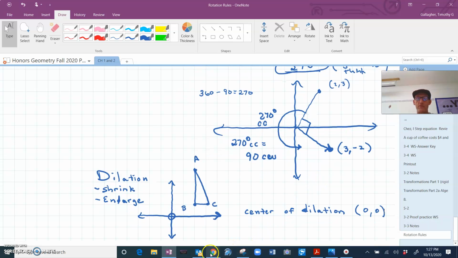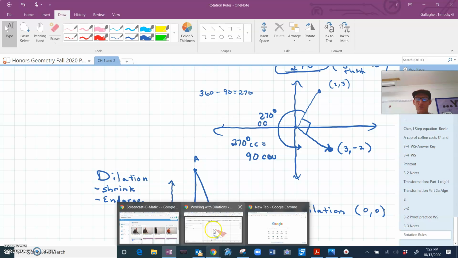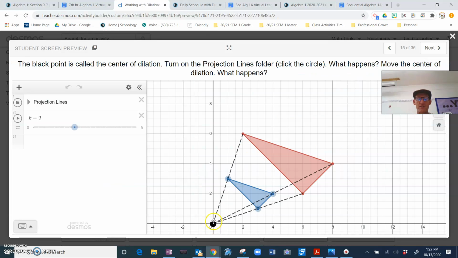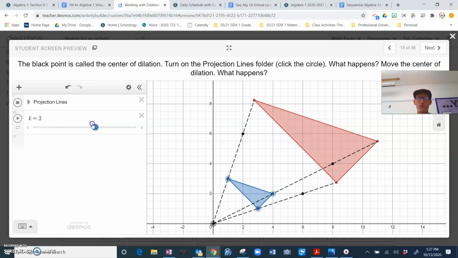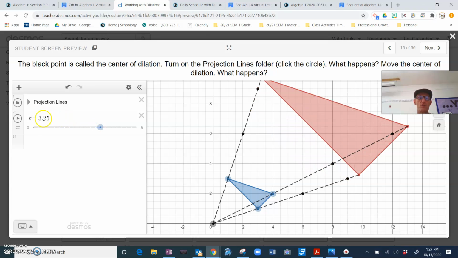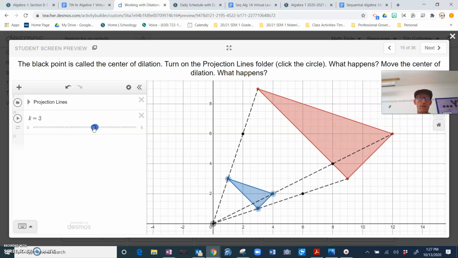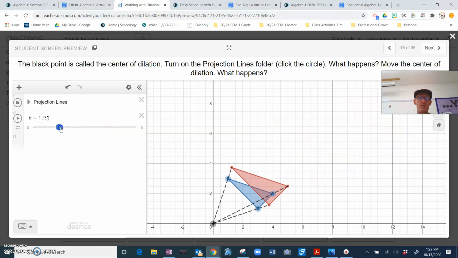So what you have to do is recognize that the center of dilation for this one is the origin. You can see it right here. And so you move the k, which is the multiplier, the scale factor. And right now, you notice k is equal to 1. It's the same triangle.